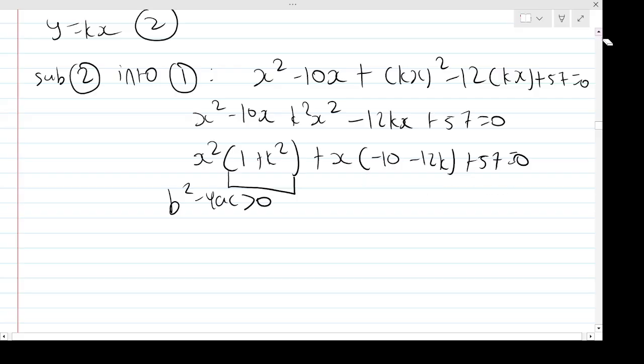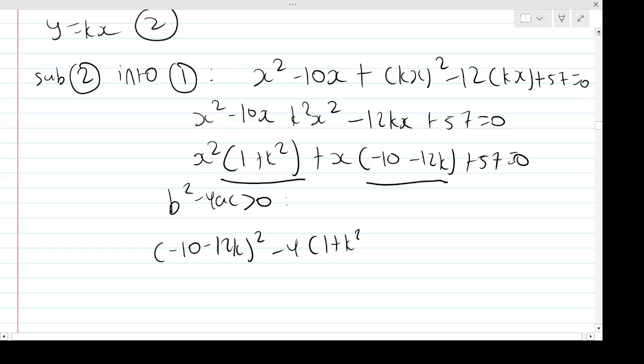So with that in mind, we know that the discriminant has to be above 0 in order for there to be two distinct solutions. So b squared, that's the coefficient here, b, so (minus 10 minus 12k) all squared, minus 4 lots of a, which would be (1 plus k squared), times c, which is the number 57 at the end, and that's going to be greater than 0.